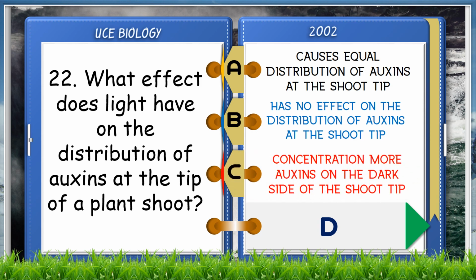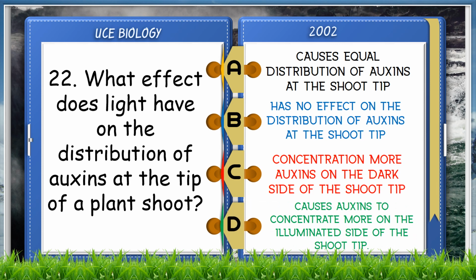C. Concentration of more auxins on the dark side of the shoot tip. D. Causes auxins to concentrate more on the illuminated side of the shoot tip. The answer is C. Concentration of more auxins on the dark side of the shoot tip.